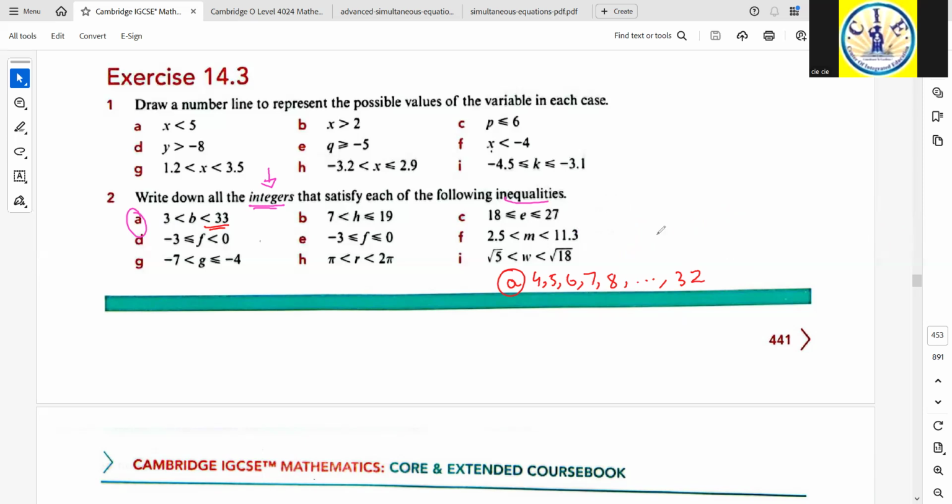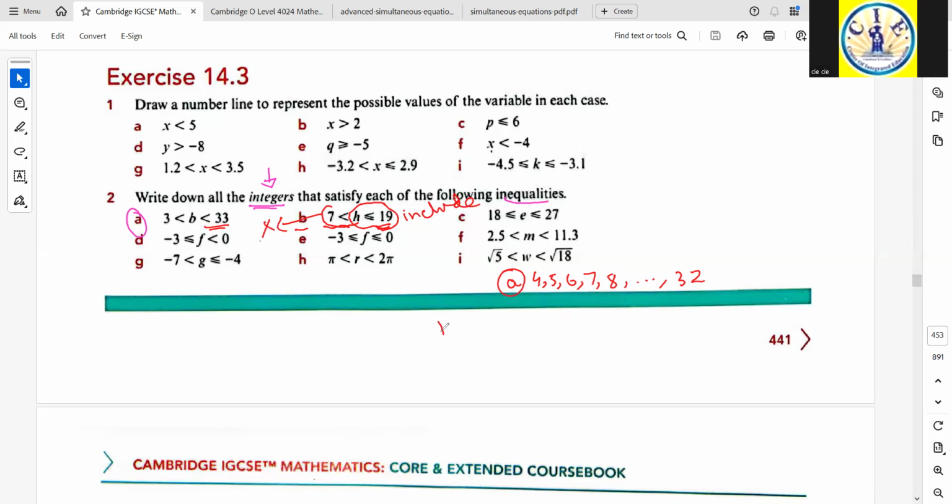Okay. Now, for part B, values of h greater than 7 but lesser than or equal to 19. This is a closed inequality at this end, so you need to include 19. And there is an open inequality, so you need to exclude 7, greater than 7.